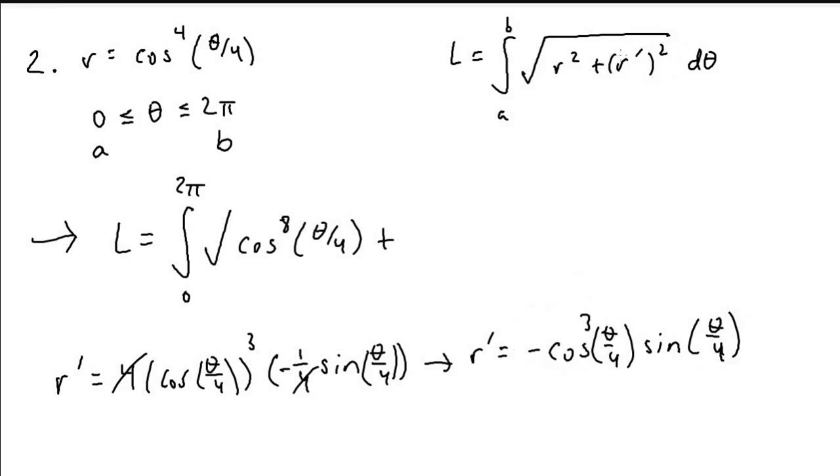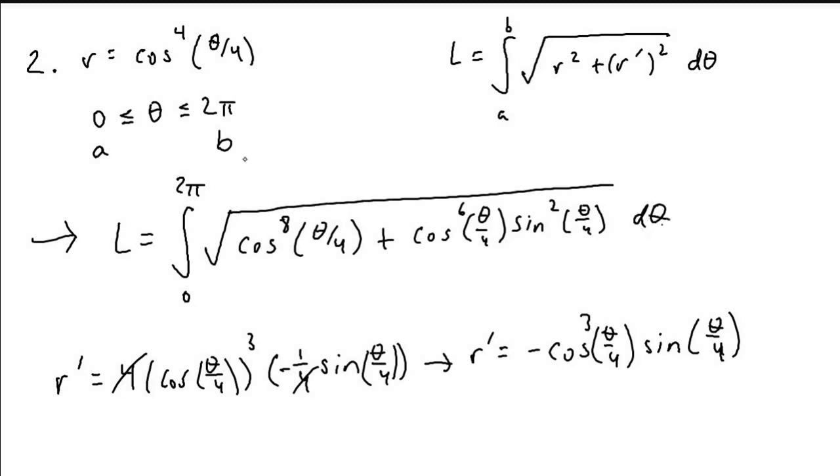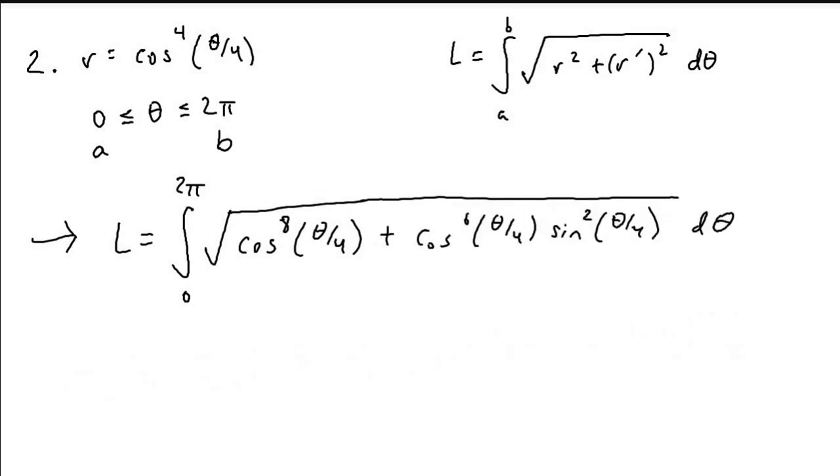So if we square that, we'll get a positive cosine to the 6th of theta over 4 sine squared of theta over 4 d theta. Now at first glance this might look very much impossible to solve, but this can be solved by hand.